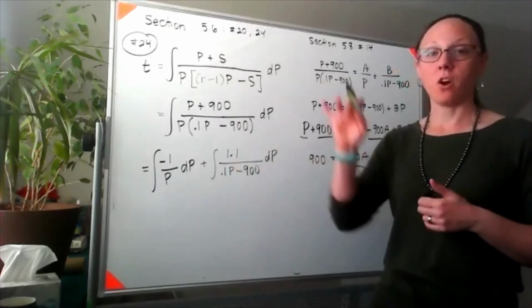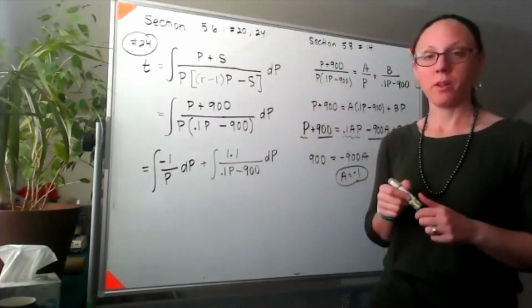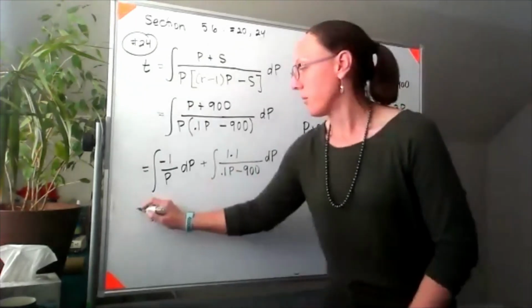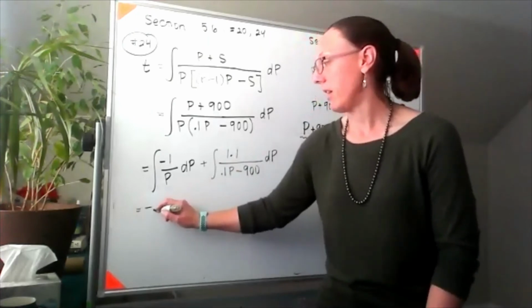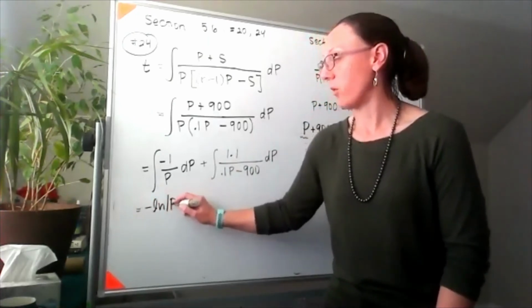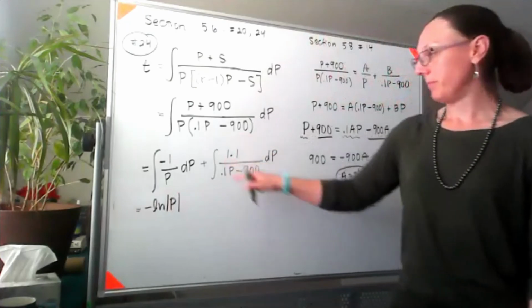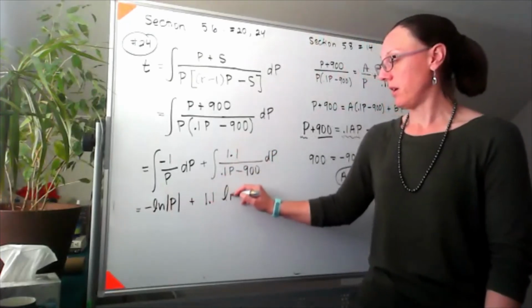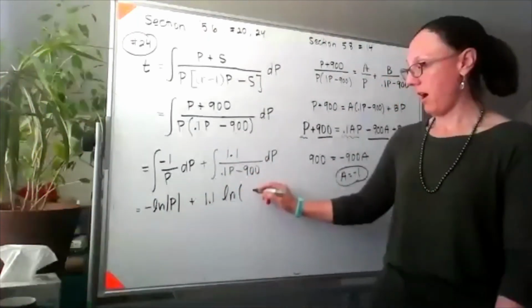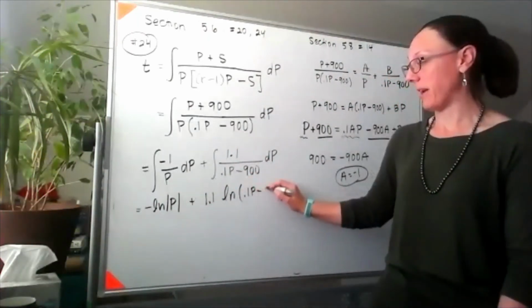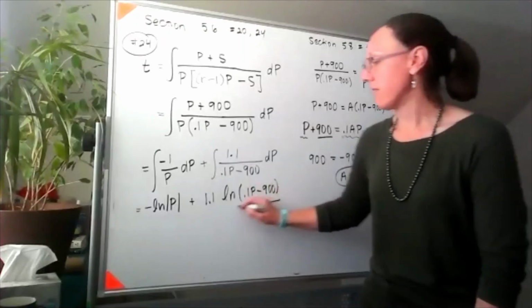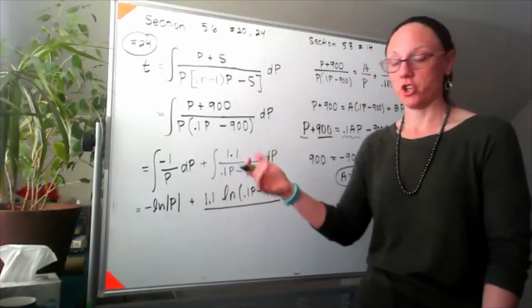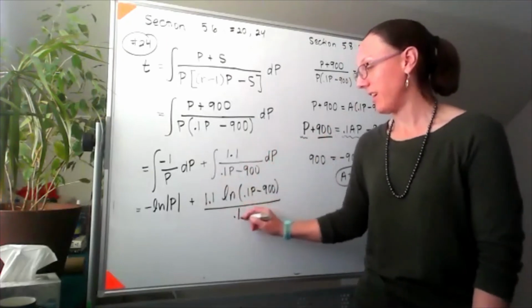Since both of these are a constant over a linear term, they're both going to end up being natural log. So this one, I'm looking at negative ln absolute value of P. Here, I'll have that 1.1, the constant from the top, times natural log of that linear term in the denominator, divided by 0.1, again, to correct from the chain rule that would have happened if we were taking the derivative.